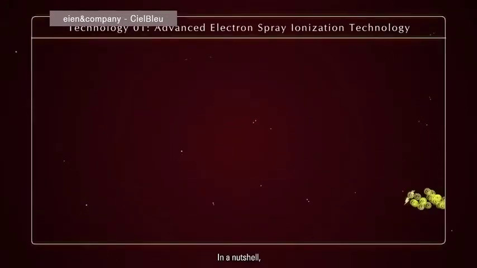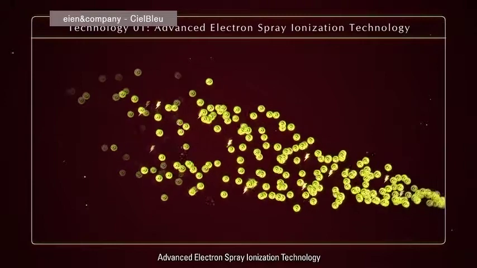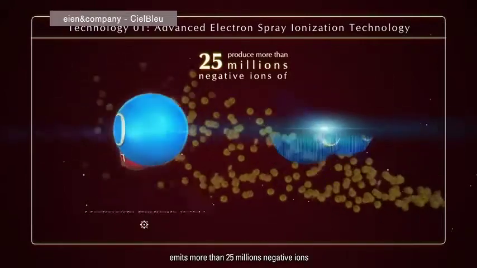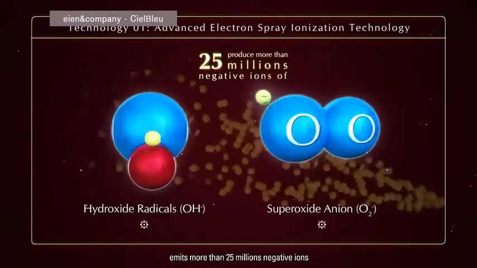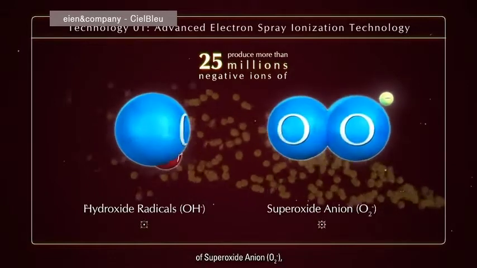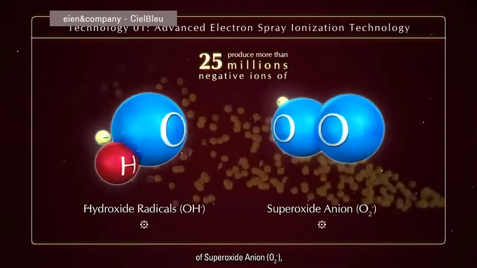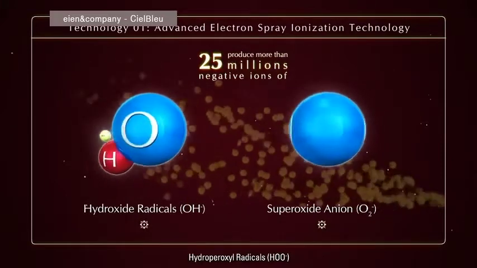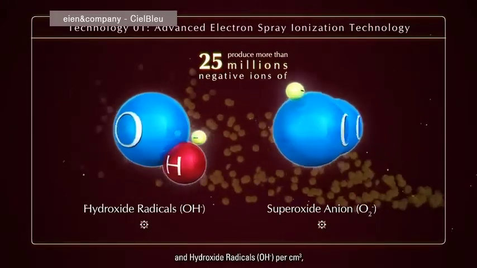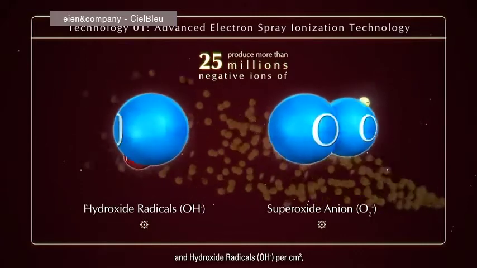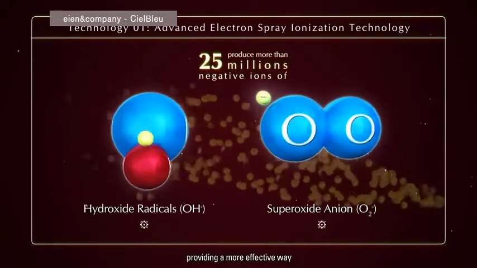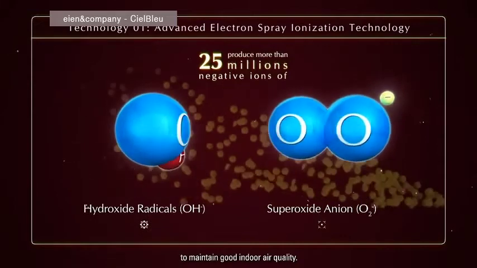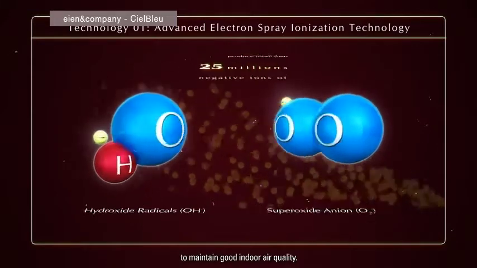In a nutshell, advanced electron spray ionization technology emits more than 25 million negative ions of superoxide anion, O2-, hydroperoxyl radicals, HOO-, and hydroxide radicals, OH-, per cm cube, providing a more effective way to maintain good indoor air quality.